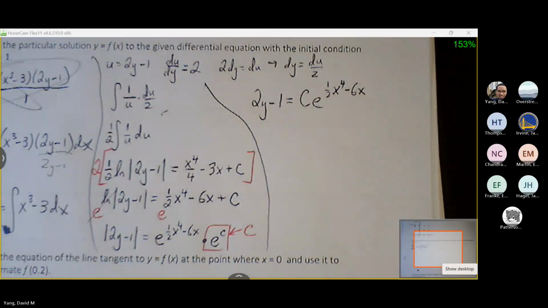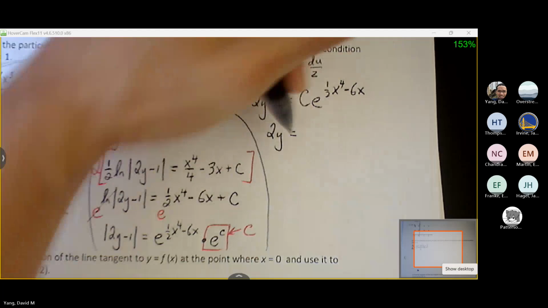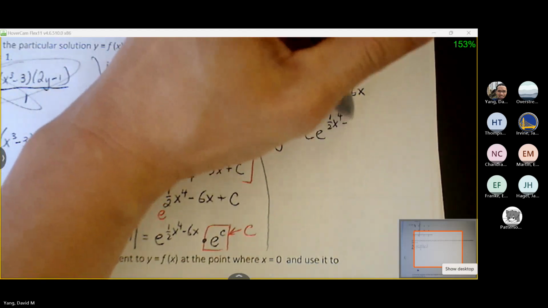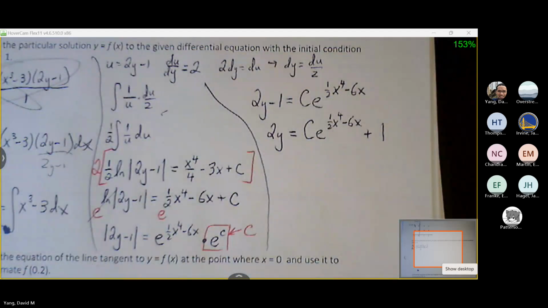Good so far. So I'm going to go ahead and move towards solving for y. I'm going to add 1 to both sides, divide by 2. All right, divide by 2.